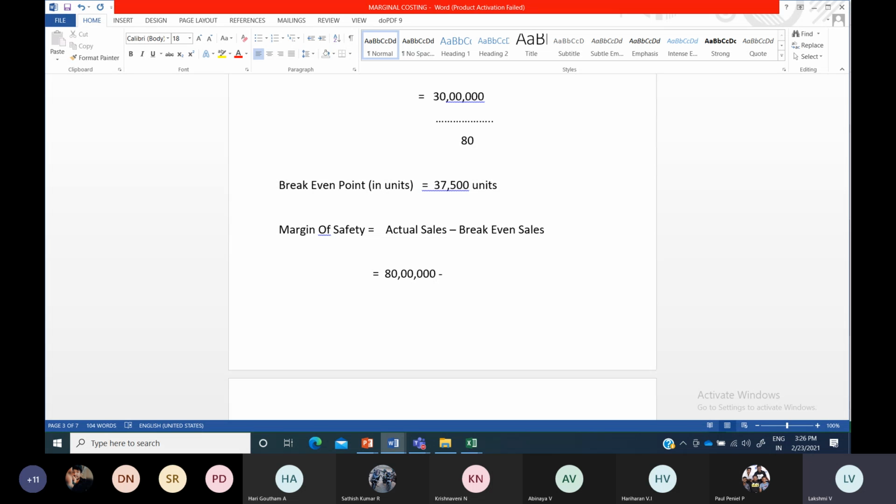And break even sales is 30 lakhs. Break even sales means in rupees you would have found out, no? So therefore, what is the margin of safety? Margin of safety is rupees 50 lakh. So this will be your margin of safety.